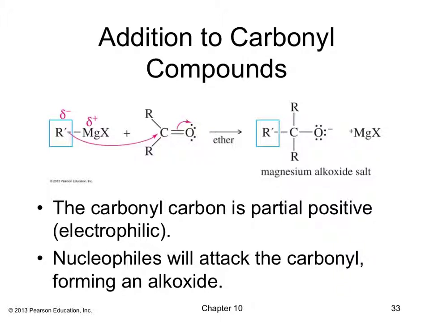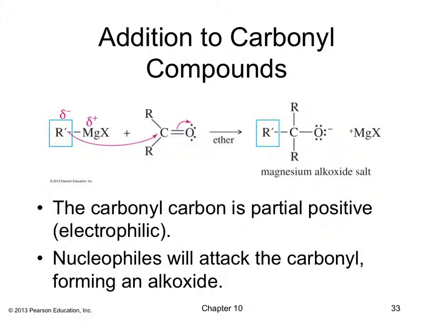So when you do addition, like we had shown with the acetylides, you can use Grignard or your organolithium. Here's your source of electrons. It will attack the carbonyl, kick off electrons to the oxygen, generating your magnesium alkoxide salt.